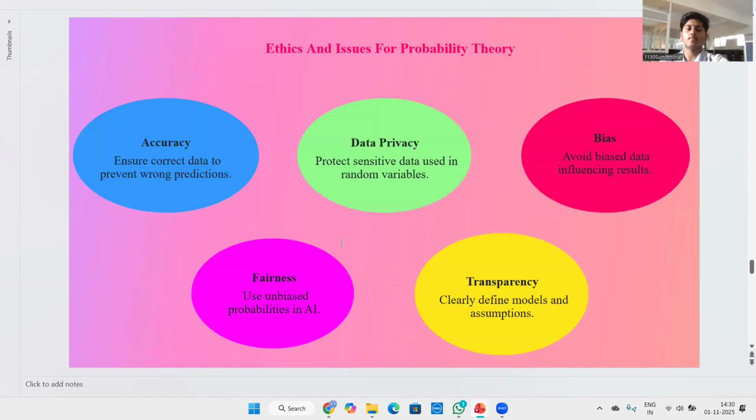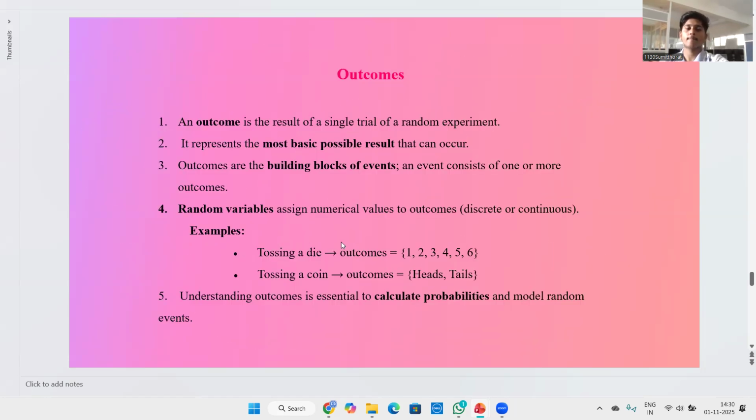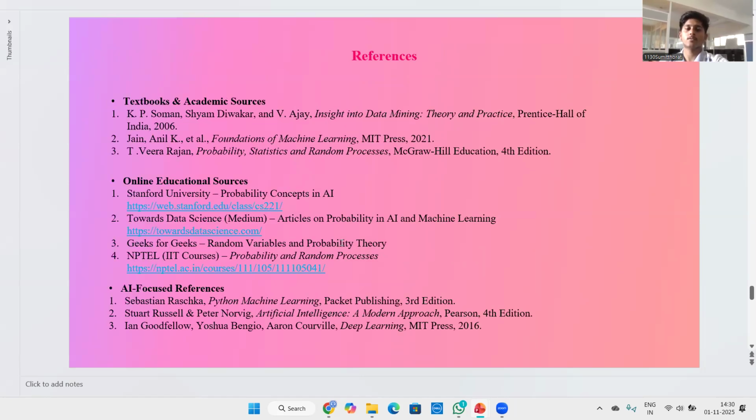Next, we see the references. In this reference, we can see textbooks and academic courses, like KP Soman, Jayakar and Vijay Rijju, Probability Theory and Practice, etc. There are many online education sources like Stanford University, Probability Concepts in AI, Towards Data Science, Medium articles, and Probability in AI and Machine Learning, where we use Greek letters for random variables and probability theory.